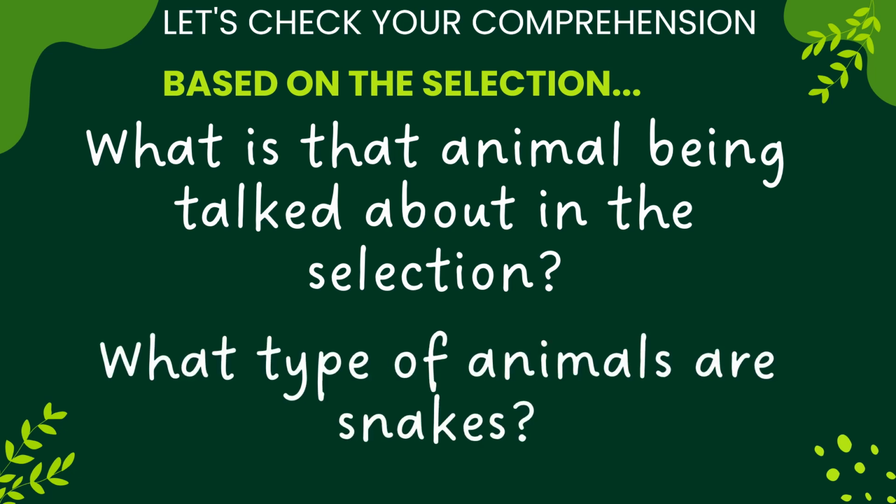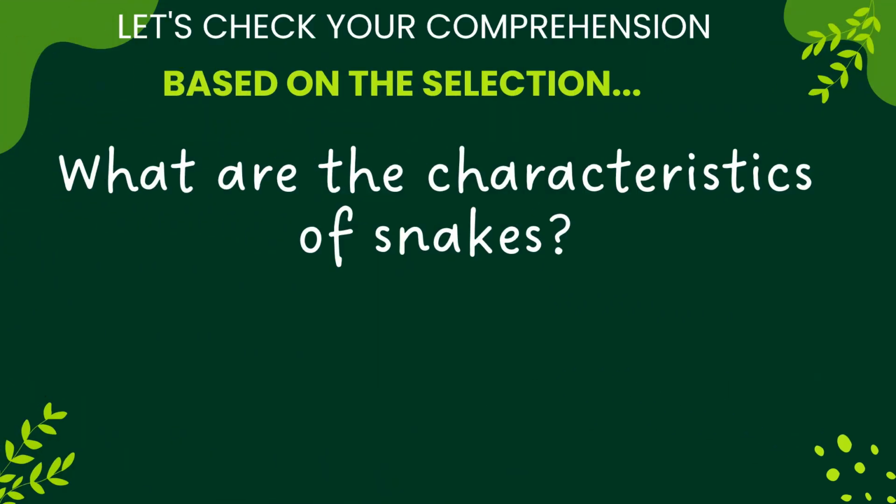Okay, that is snake. What type of animals are snakes? What do we call them? Okay. What are the characteristics of snakes? Can you give me one of the characteristics of snakes?